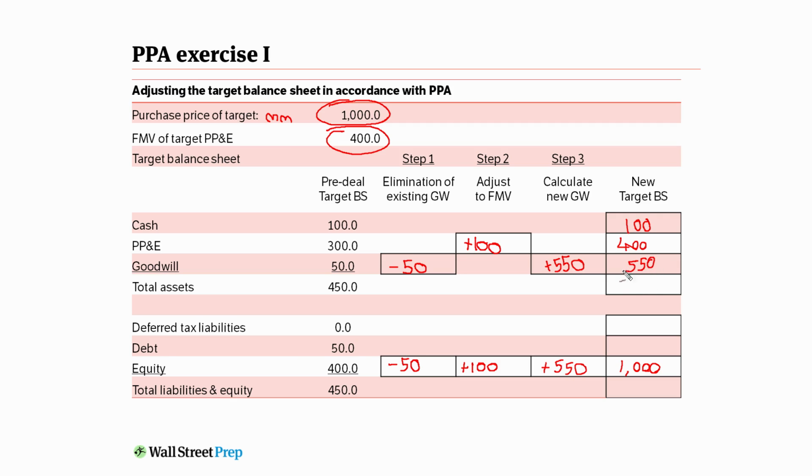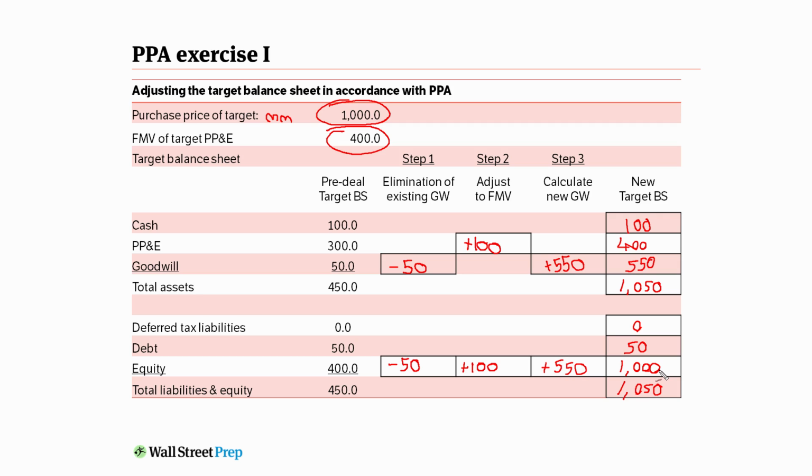We add all that up and we get 1,050 in assets, 0 in DTLs, deferred tax liabilities, and the debt is passed through. The debt is assumed. So the total liabilities and equity, our model is in balance, or our analysis is in balance. And this is the basic purchase price allocation exercise.